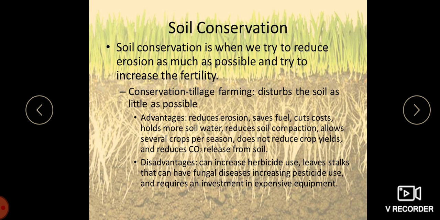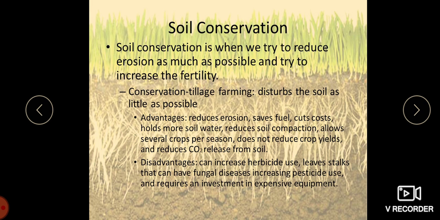The advantages of soil conservation are that it reduces erosion, saves fuel, cuts the cost, holds more soil water, reduces soil compaction, allows several crops per season, does not reduce crop yields, and reduces carbon dioxide release from the soil.